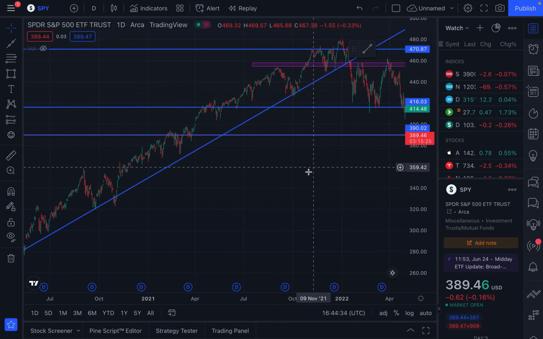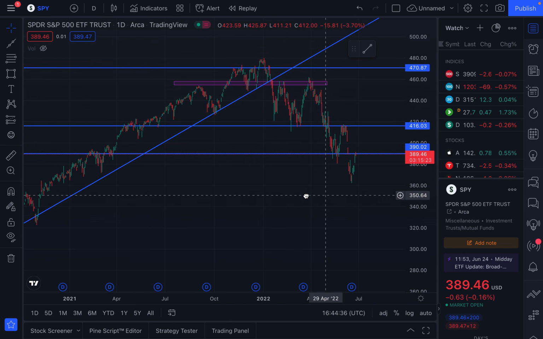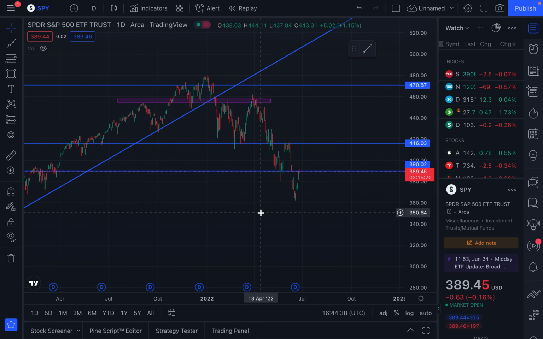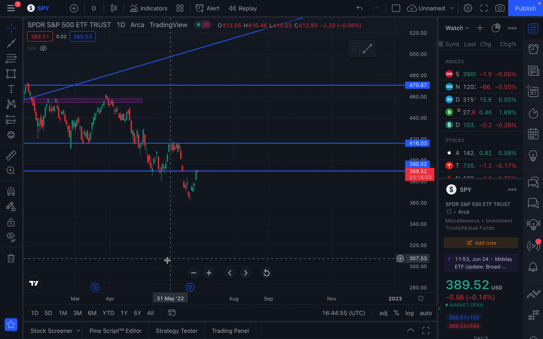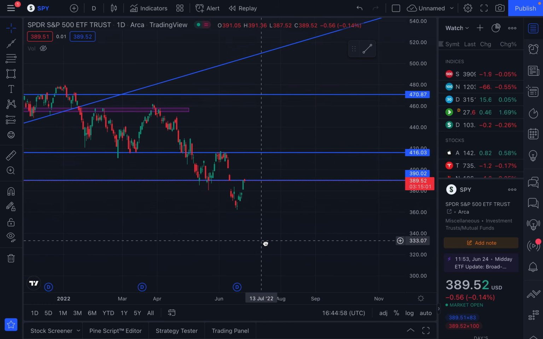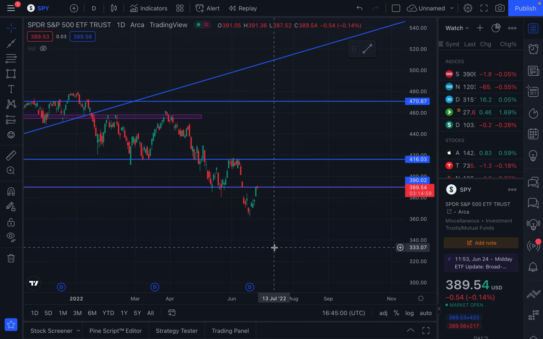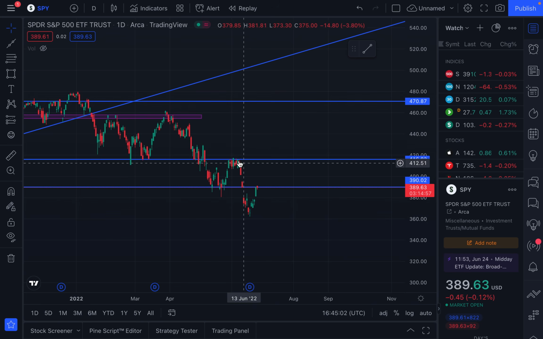And so how can we potentially use this information? Generally speaking, traders will try and use support and resistance along with other indicators, which I will have to make separate videos on, to potentially enter or exit a trade. So for example, if we take a look here, this is a level of resistance.